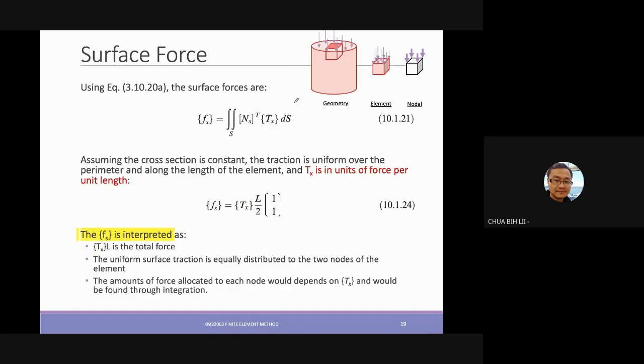As we can visualize, surface force only acts on the surface, therefore elements inside the body may not be subjected to this force. This force is only applied to those elements which are connected to the surface.